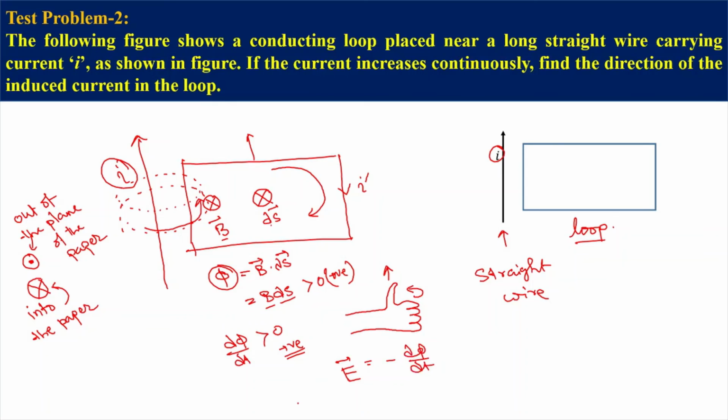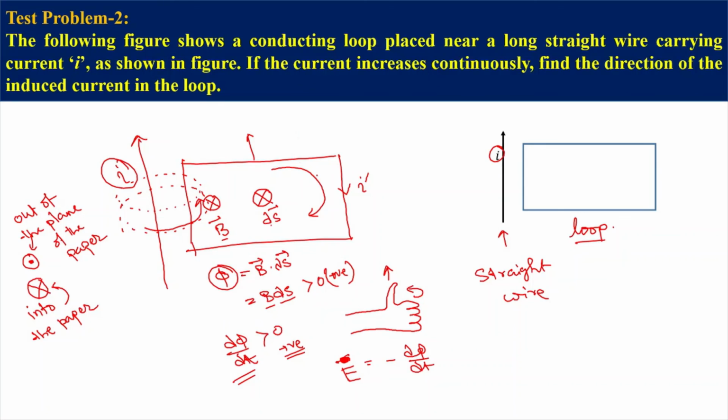The EMF is negative of the rate of change of magnetic flux. But considering the direction of this current, we have got the rate of change of the magnetic flux positive, which should not be the case according to Faraday's law.